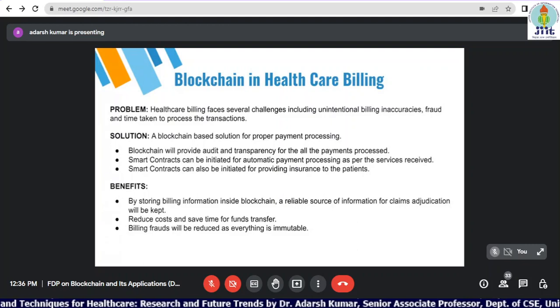So healthcare billing faces several challenges, including unintentional billing inaccuracies, frauds, and the time taken to process the transactions. In the present scenario, if you're taking insurance, you need a 24-hour pre-approval. I know renowned insurance providers who, even in case of death, ask that 24 hours of admission of the patient is required, right?